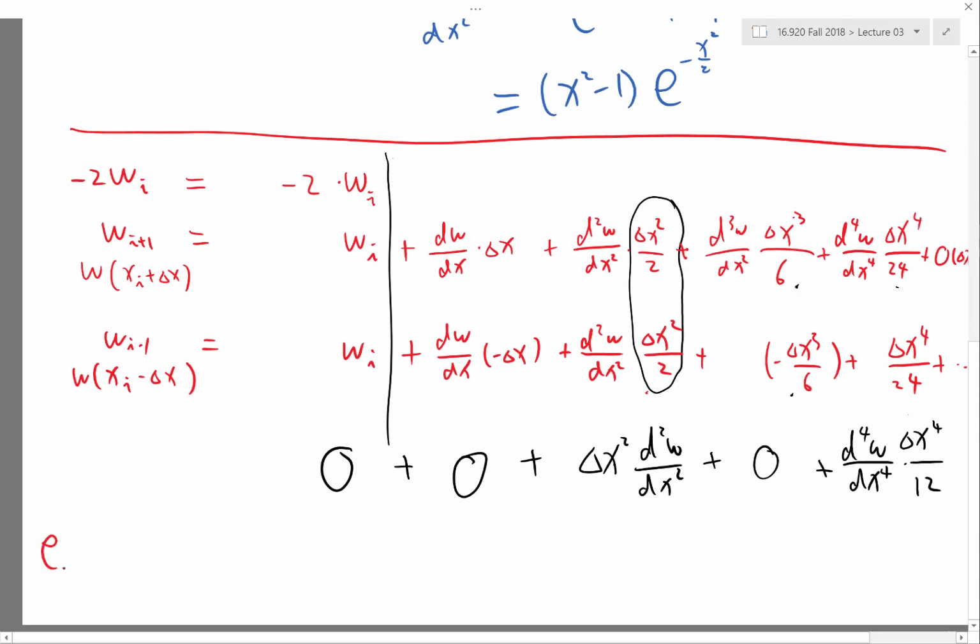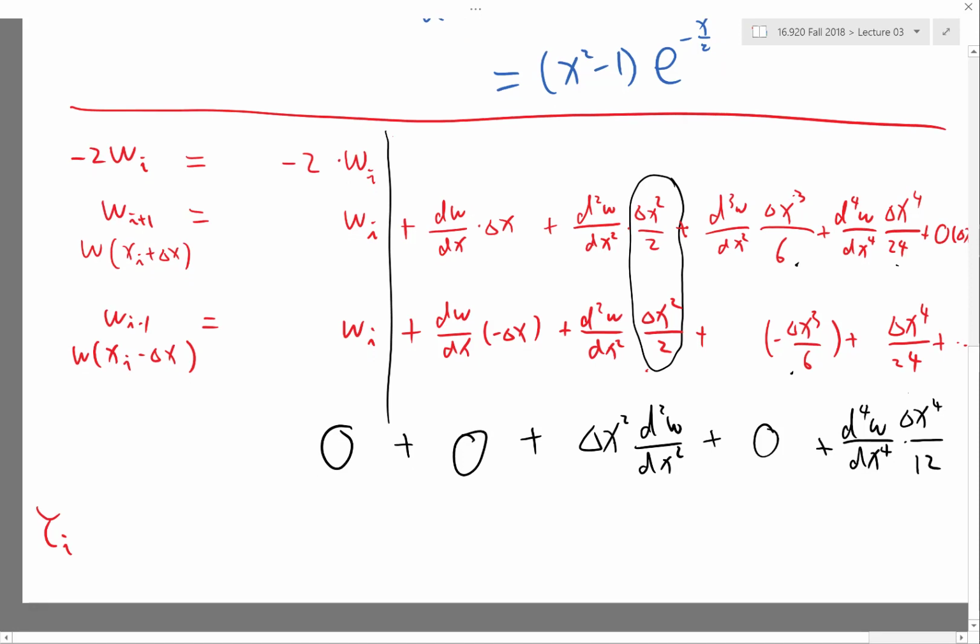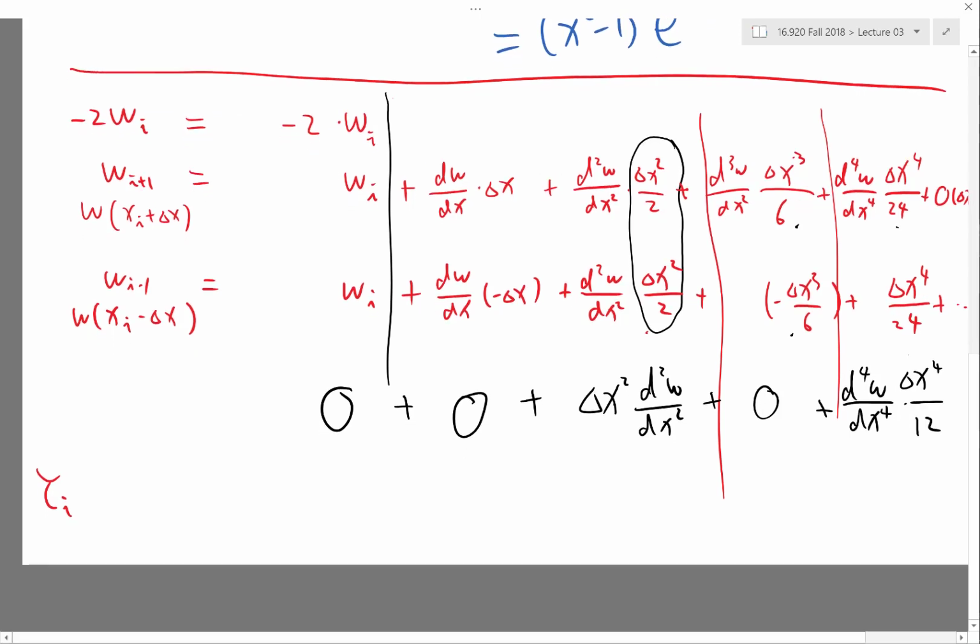So the error we are having, let me denote as E_i. Actually, the usual notation is tau_i. That's the truncation error, T for truncation, because this is the error due to our truncating the Taylor series. If you truncate the Taylor series over here, or over here, then there is no error. So this is the error due to us truncating the Taylor series in this analysis.